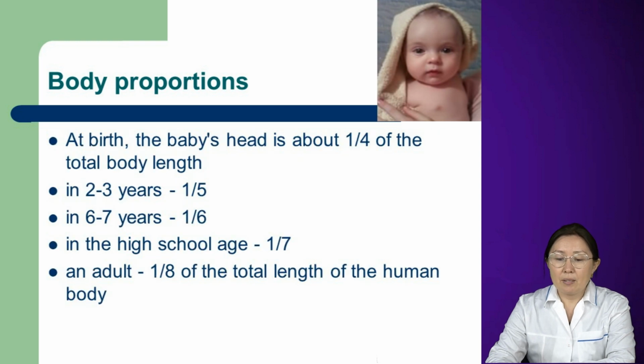At birth, the baby's head is about 1/4 of the total body length. At 2 to 3 years, 1/5. At 6 to 7 years, 1/6. In high school age, 1/7. In an adult, 1/8 of the total length of the human body.